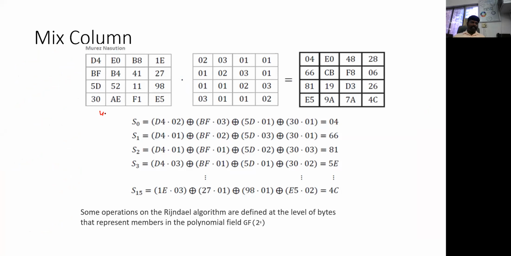It is a 4 cross 4 matrix, and so is this. We can take the first column value and the first row value. Using the simplification operations I explained so far, the multiplication can be done using GF 2 power 8.